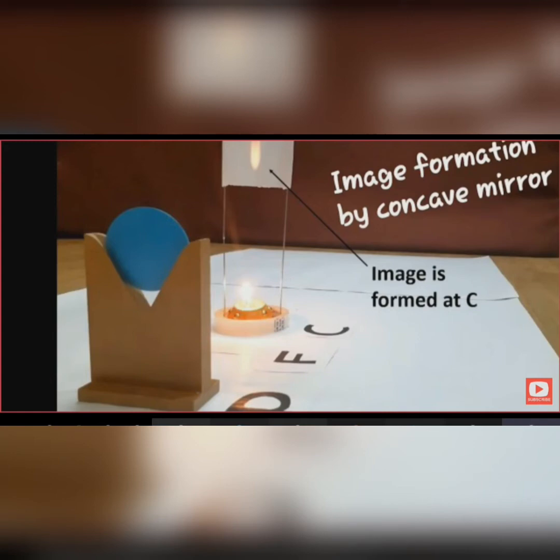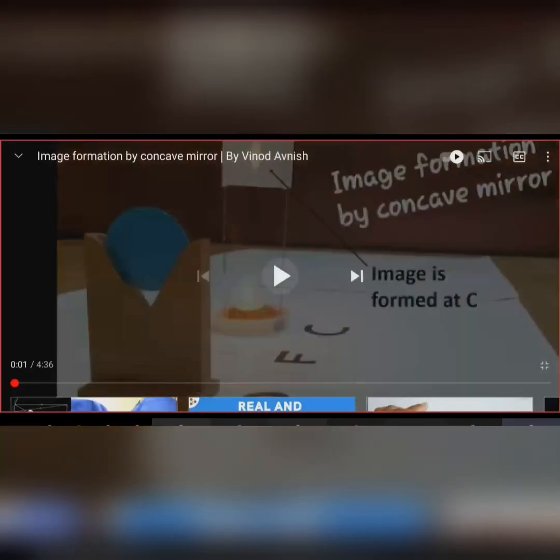For the purpose of getting the position, we were making them meet. Because the rays of light are not actually meeting there, we will not be able to obtain such an image onto a screen. So let's, without further delay, have a look at the video so that we can discuss further.